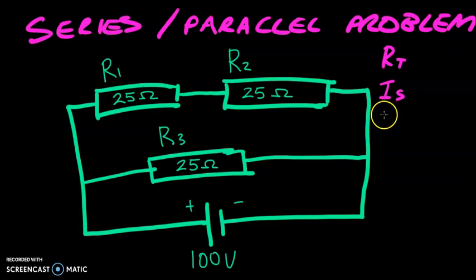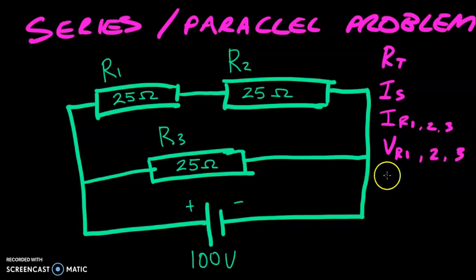I asked for the current through each resistor, so IR1, 2 and 3. And I asked them for the voltage across each resistor, voltage R1, voltage R2, voltage R3, the power in each resistor, and then the total power, PT.